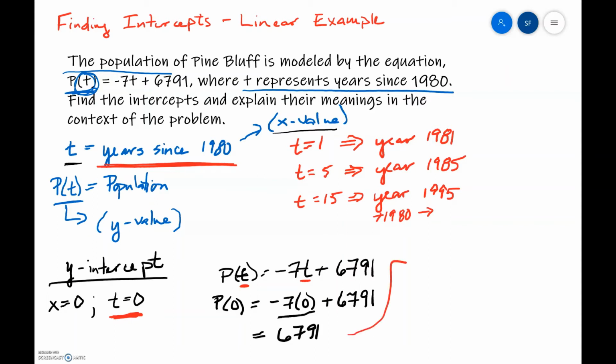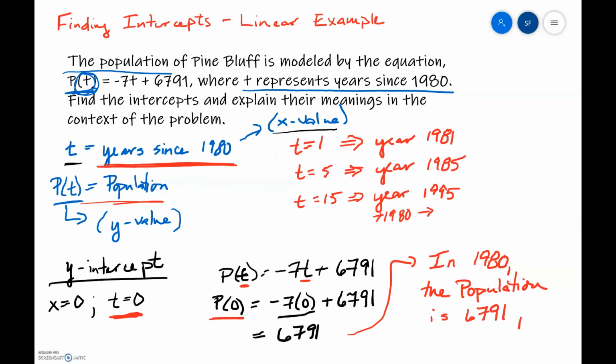So P represents population, and in 1980, the population is 6,791 people.